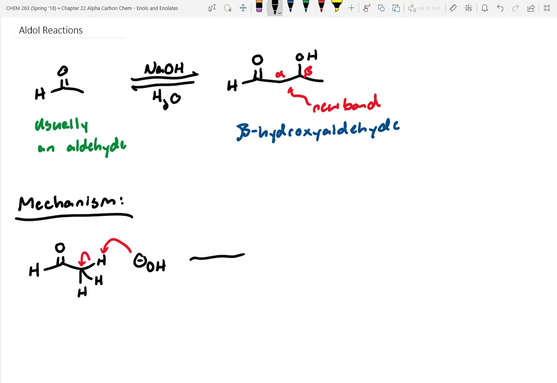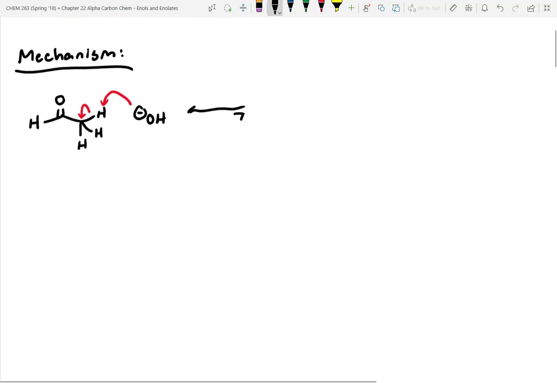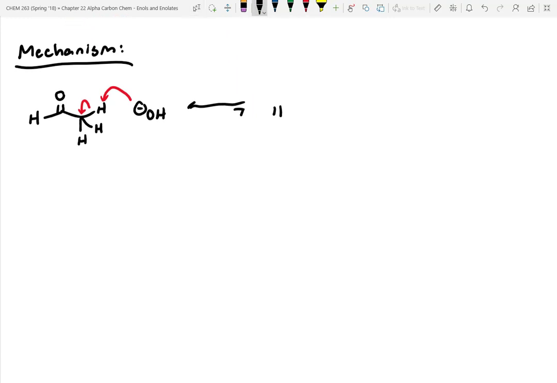The equilibrium is not very favorable, so it's really going to favor the starting material side. However, you do end up forming a little bit of your enolate, and I'm not even going to bother drawing the hydrogens there. I'm just going to show the carbon with a negative charge. All right, and then if you have any unreacted starting material, which we know a lot of it is floating around, so I'm just going to write unenolized starting material.